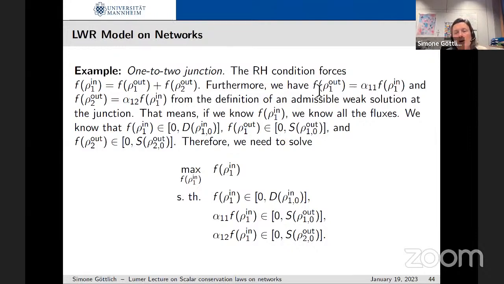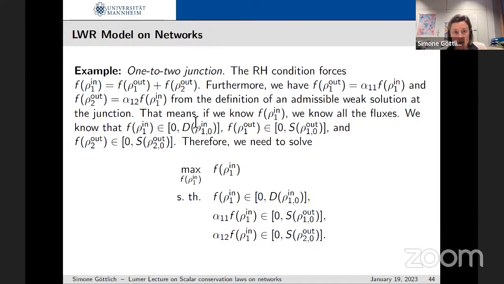And we further know that the outgoing flux here is given by the distribution rate alpha 11 times the incoming flux, and the other outgoing flux is given by the distribution rate alpha 12 times the incoming flux.